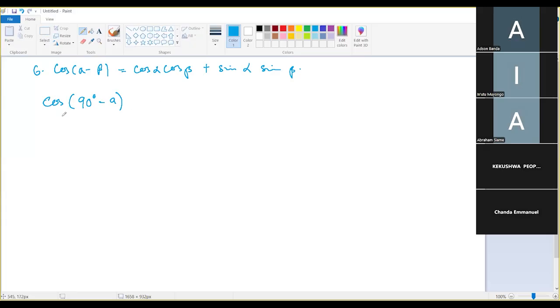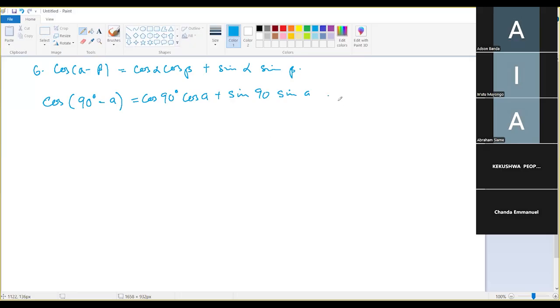So let's consider this difference here. So by 6, this will be the cosine of 90 degrees times the cosine of A plus the sine of 90 degrees times the sine of A. So that is by 6.